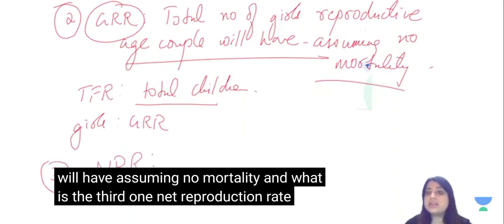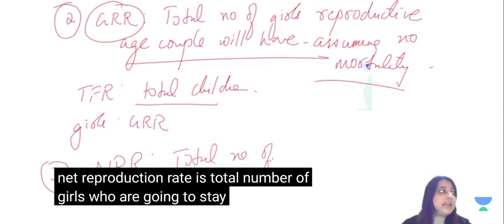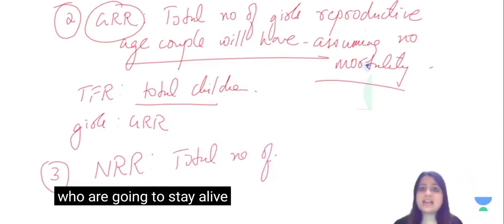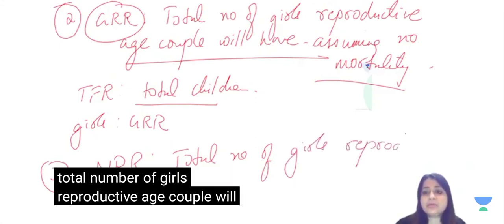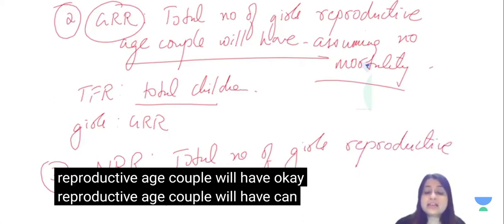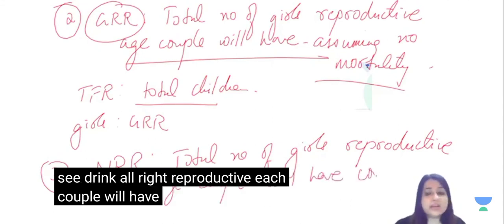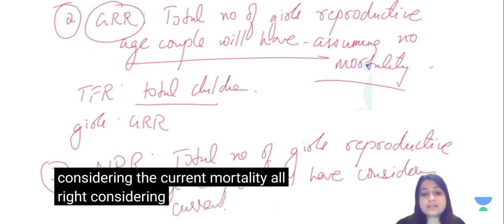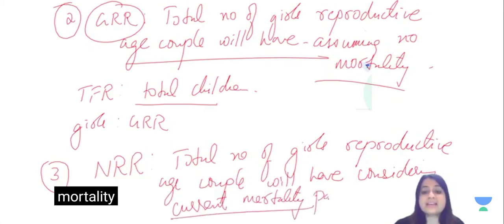Net reproduction rate. Net reproduction rate is the total number of girls who are going to stay alive. So the total number of girls a reproductive age couple will have, considering the current mortality.